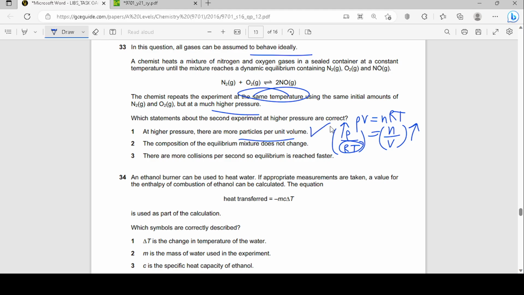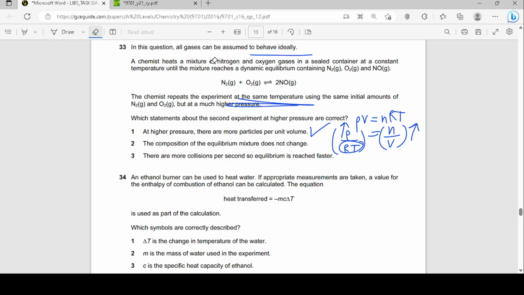one must be right. And then the second option is the composition of the equilibrium mixture does not change. What do they mean by that? They mean the concentrations of each thing, I suppose. I guess that's right actually because it's the same temperature, right?